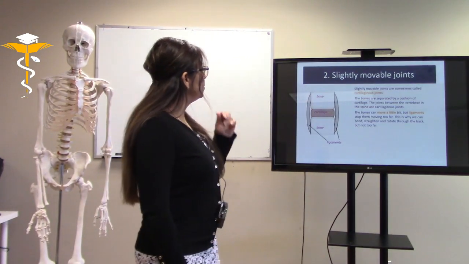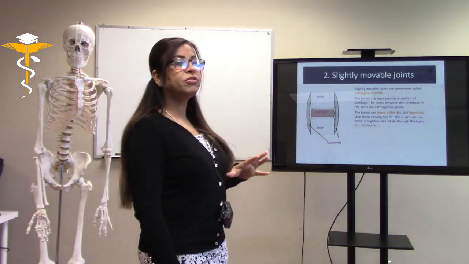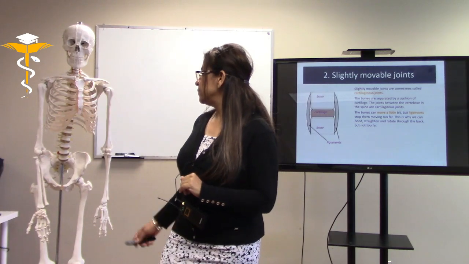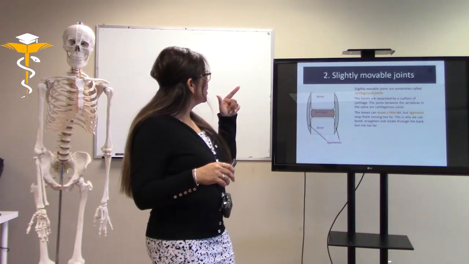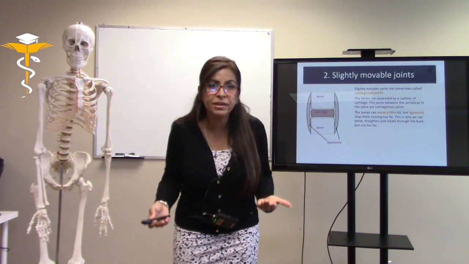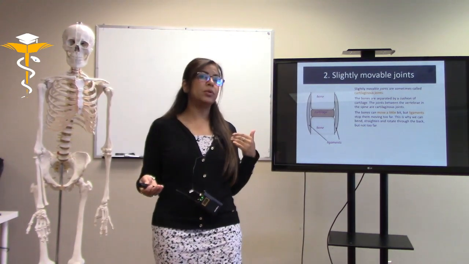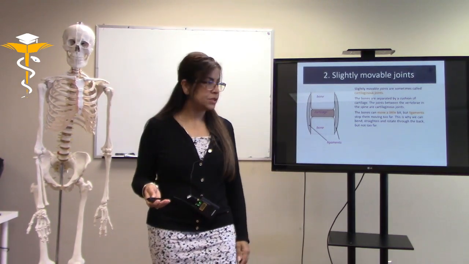So slightly movable joints, as I told you, are also called cartilaginous joints. They move a little bit. These joints are between the vertebrae in the spine. So you can bend forward, bend backward, rotate a little, but you can't really overstretch with this one.